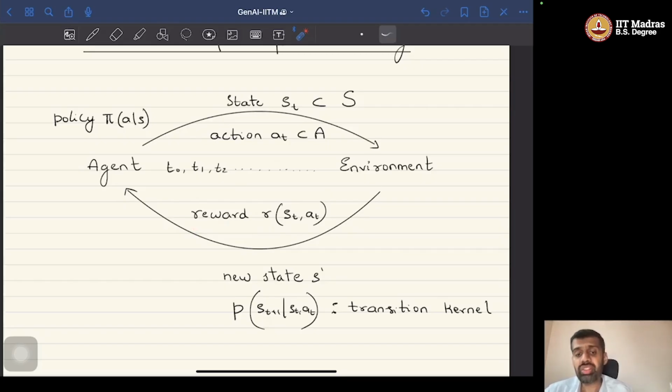Now, once the agent receives feedback, it moves on to a different state based on the transition kernel, and once it is in a different state, it takes another action depending upon the policy that it is acting upon. Now, this procedure keeps happening. The goal of reinforcement learning is to update or learn this policy that the agent acts upon in such a way that some notion of cumulative reward is optimized. So this is the fundamental idea.